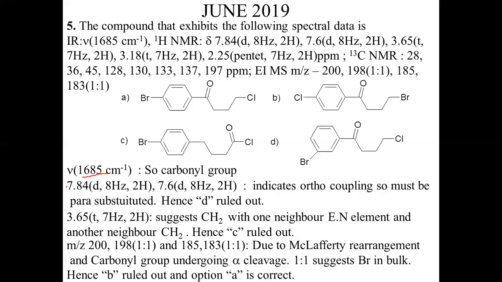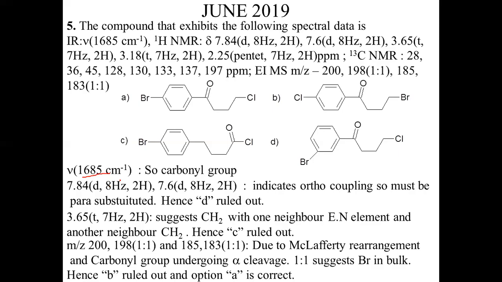Next, when you look at the proton NMR, here when you have around 7 range, then you can say aromatic groups are present. This is for 2 hydrogens, and at 7.6 you have 2 hydrogens. If you see the splitting, it's doublet, it's also doublet. And what is the coupling constant? 8 hertz.